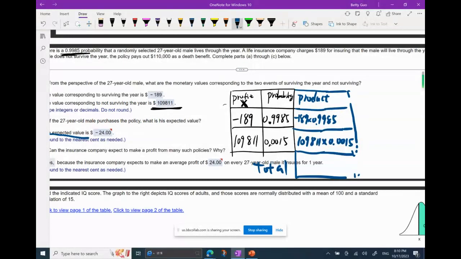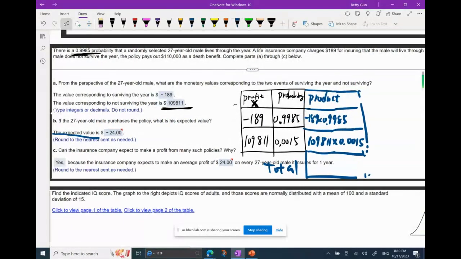On your calculator, I do parentheses, and I do the structure very clearly. Negative 189 times 0.9985, close the parentheses, and then plus, start a parentheses, 109,811 times 0.0015, close the parentheses.